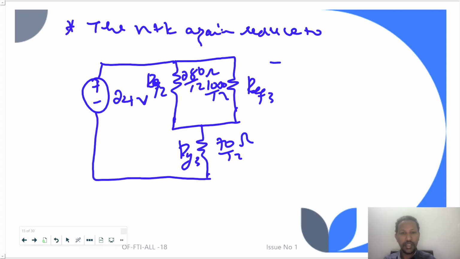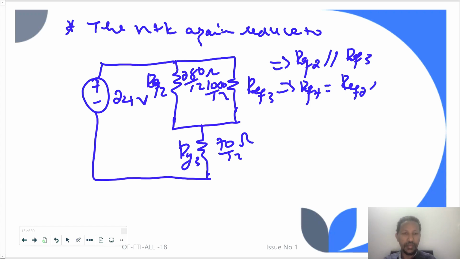From this network, we can conclude that R equivalent 2 is in parallel with R equivalent 3. Their equivalent is R equivalent 4, which is R equivalent 2 times R equivalent 3 over R equivalent 2 plus R equivalent 3.